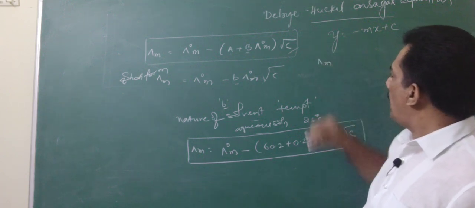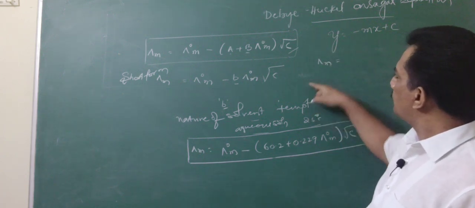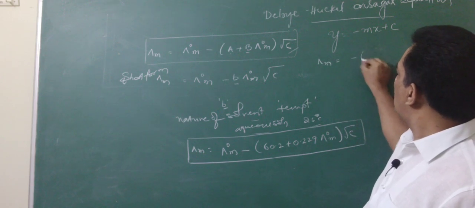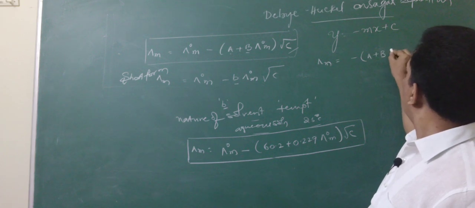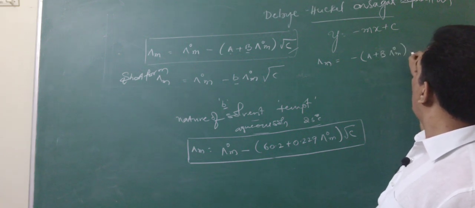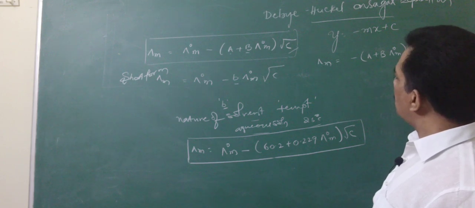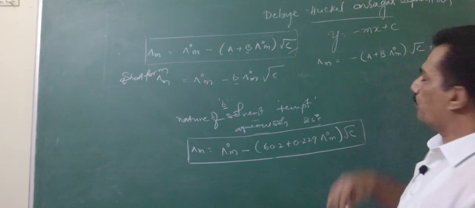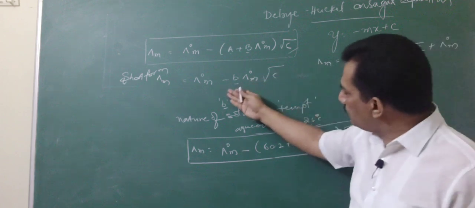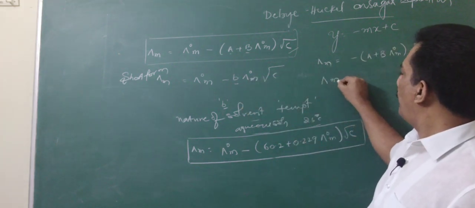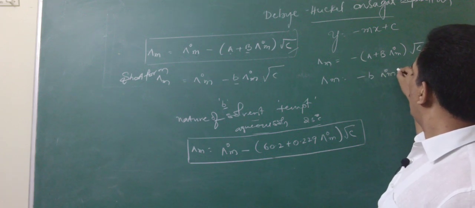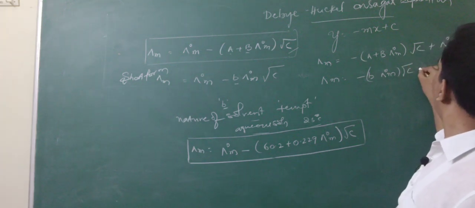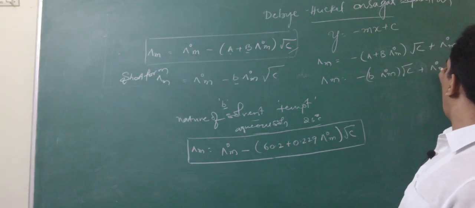It is lambda m is equal to minus (a plus b lambda naught m) root C plus lambda naught m. Or this we can write lambda m is equal to minus b root C plus lambda naught m.